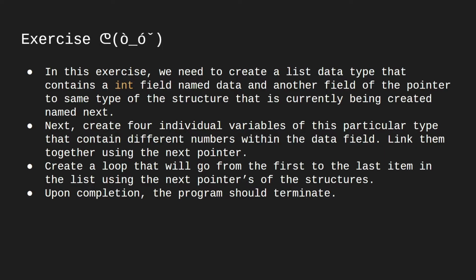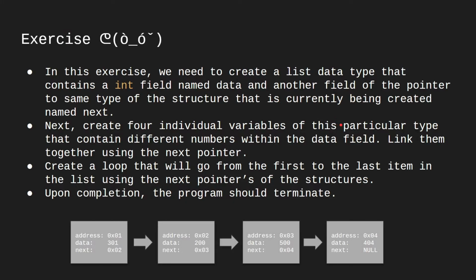After you create that structure, I want you to create 4 individual variables of that type that contain a different number within that data field. I want you to link those together. Now, after you're done, I want you to create a loop that will go from the first to the last item in that list, using the next pointers to the structures. Upon completion, that program should terminate.